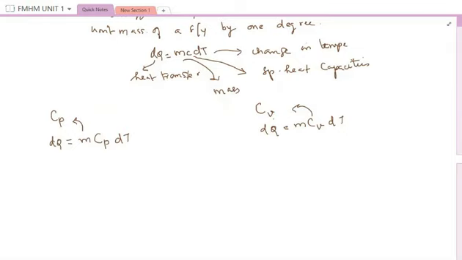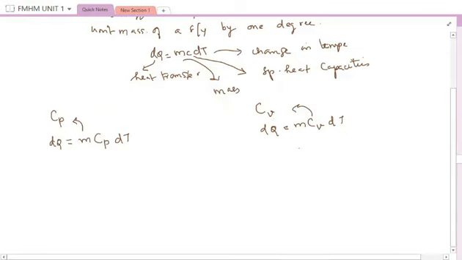Okay, fine. So otherwise, you can give another formula also for the specific heat at constant volume, depending upon the internal energy: Cv equals du by dT at a constant volume.